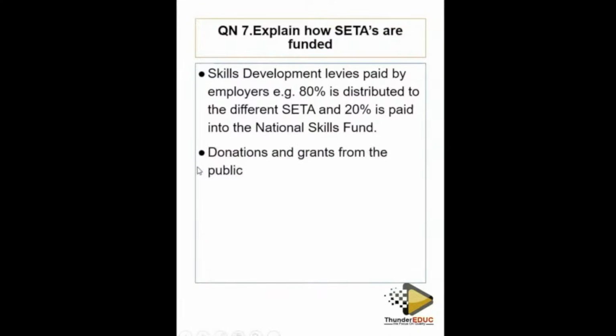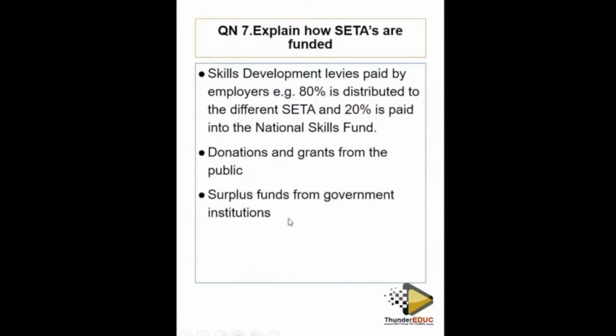SETAs also get funding from donations and grants from the government or from the public. Whoever wants to donate to the SETA is welcome. That's how SETA makes money. Also, surplus funds from government institutions.